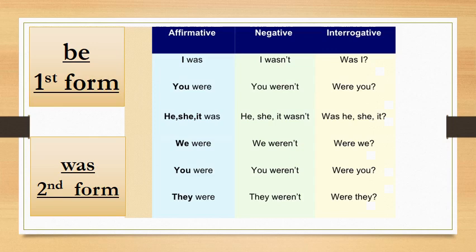First of all, we'll learn about the form of verb be. These are the examples of verb be. In the past tense, we always use the second form of the verb.